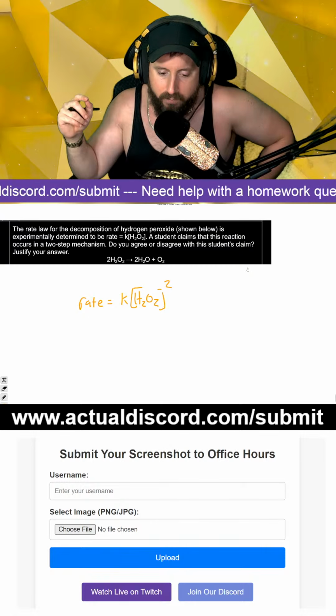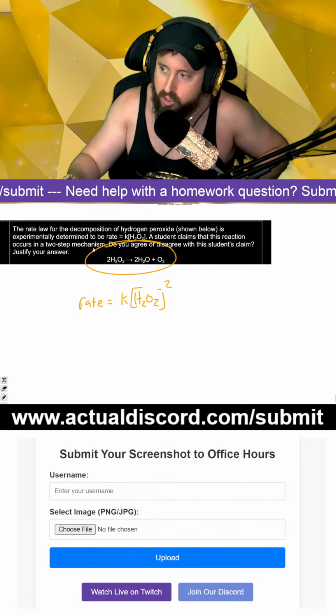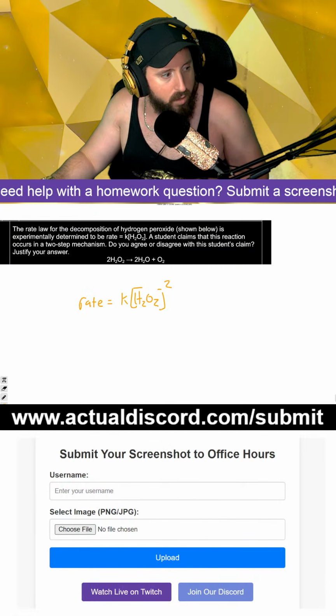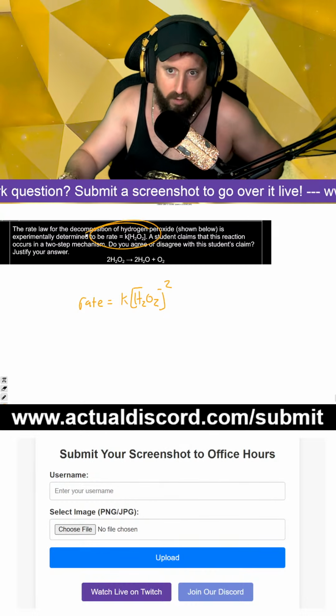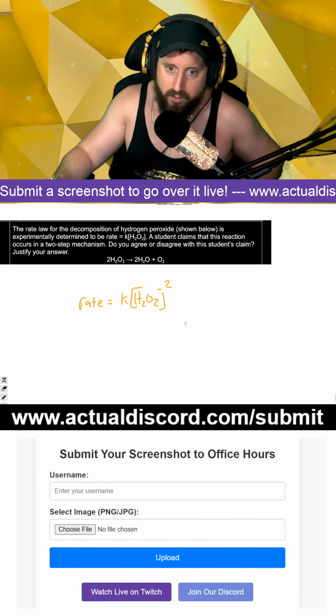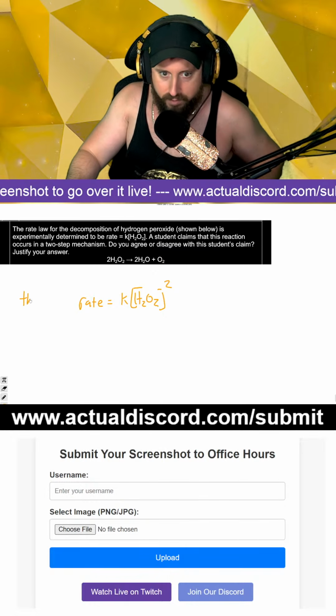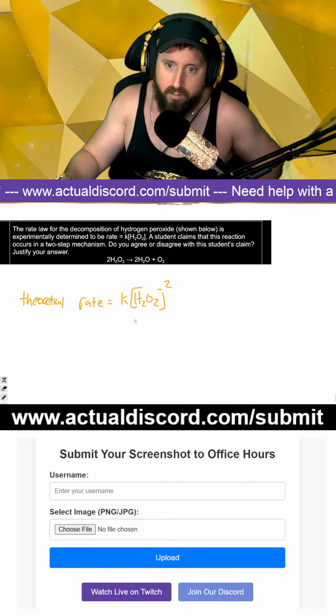So if this reaction just happened straight on its own. However, we said that the experimentally determined rate law is first order, right? So this would be the theoretical. Should be just this.